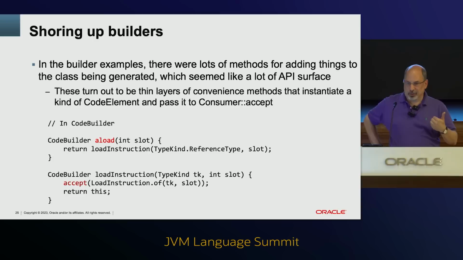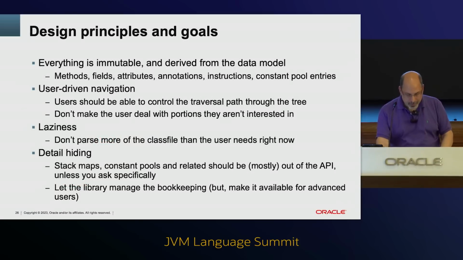So it calls that other builder method. So it's a convenience calling a convenience. What does load instruction do? It says, okay, make a load instruction by calling a factory method and hand it to the builder's accept method. That's all it does. So the example that we saw, which looked like it had a lot of complex surface, those were all just conveniences for making the appropriate objects. Okay, so design principles.